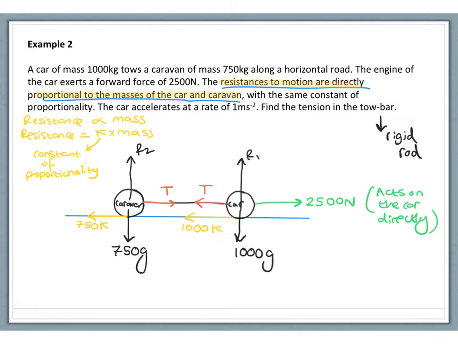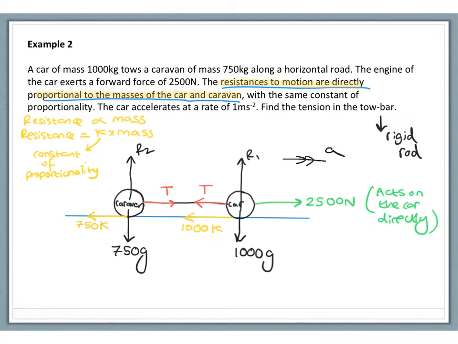Remember, resistance opposes the direction of motion, or the intended direction of motion. The engine force of the car, which is 2,500 newtons, the green force, is trying to pull it forwards, trying to accelerate it in this direction, which means the resistances will be in the opposing direction, as you can see on the diagram.